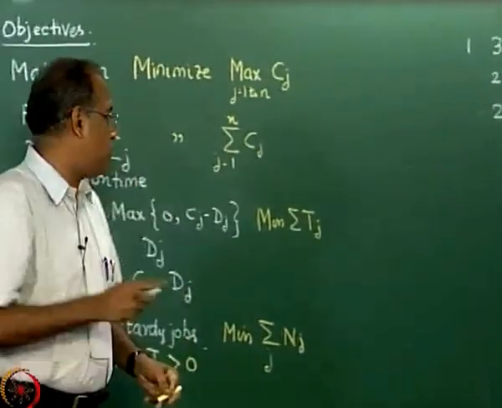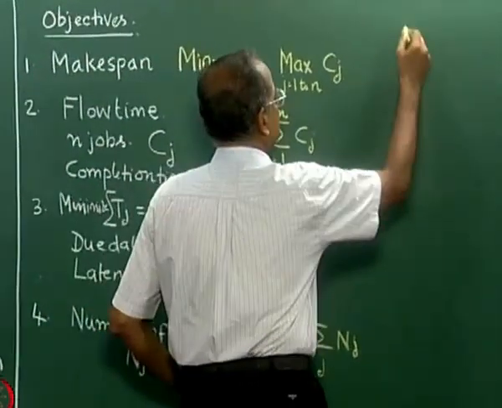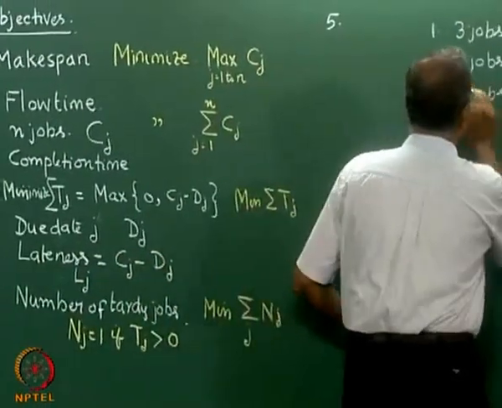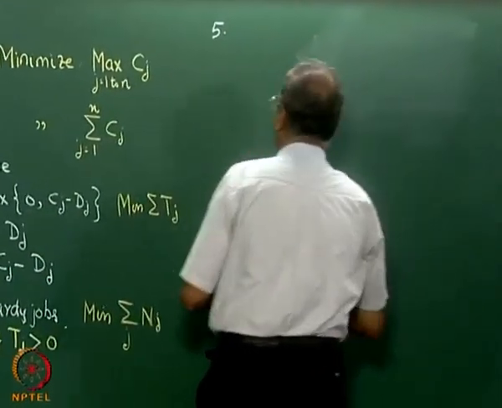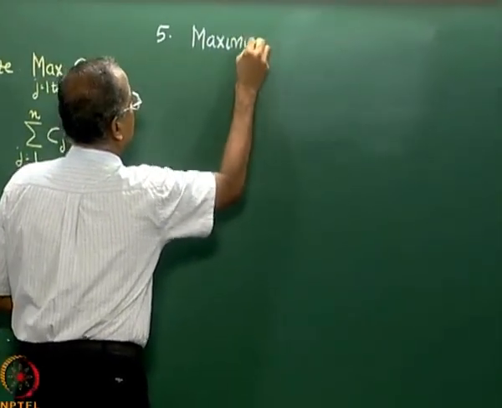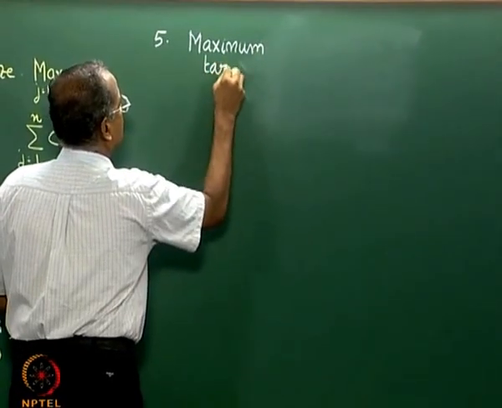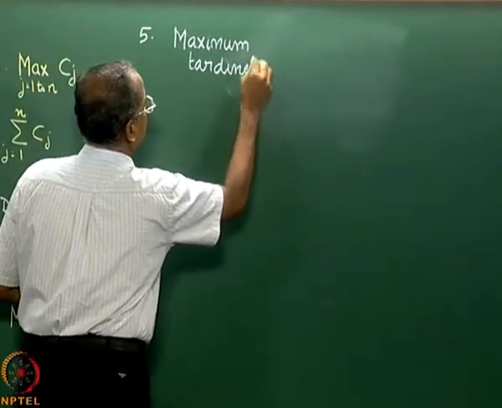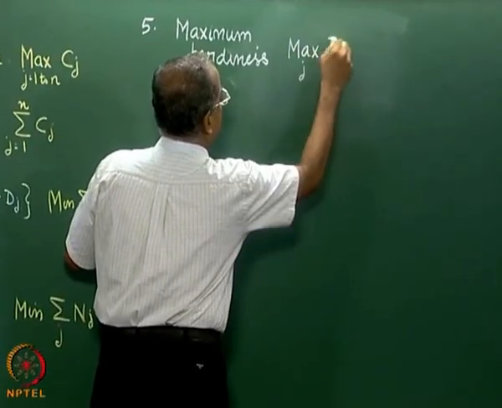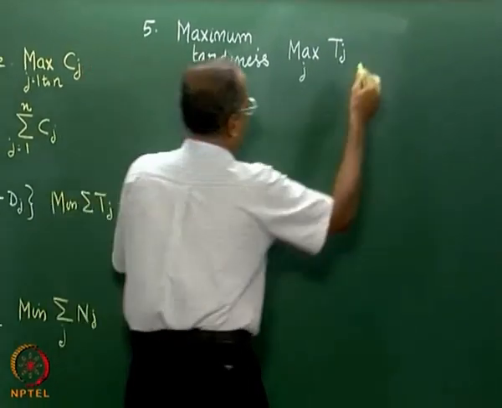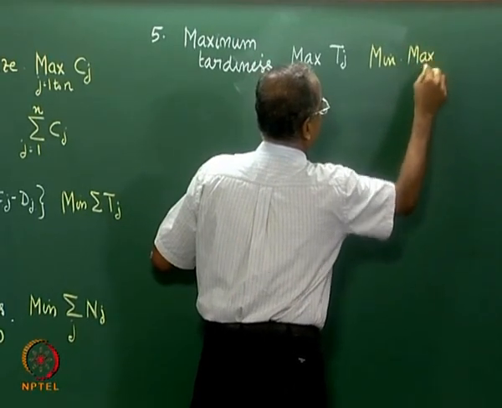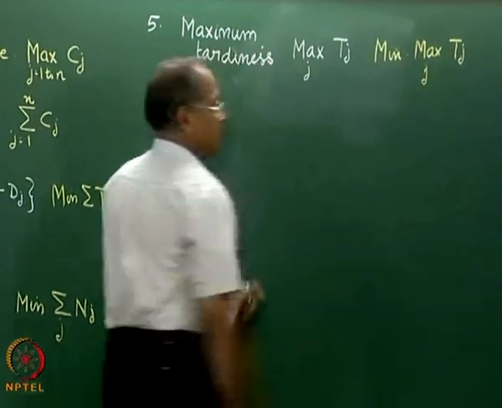So the objective also moves to trying to find out, so we go to the 5th objective, which actually tries to look at the maximum tardiness, which is max over j Tj, and then we try to minimize max over j Tj.